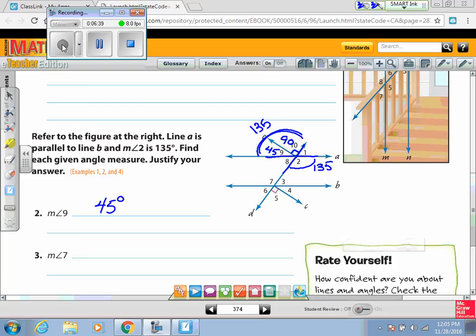Now, if we look at angle 2 being 135 using alternate interior angles, we can say that 7 is 135. And your justification will be alternate interior angles.